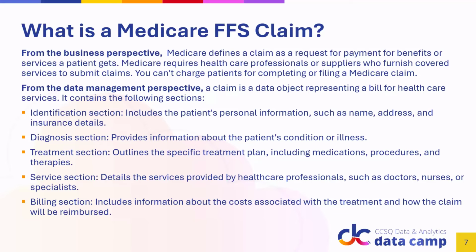Treatment section, which outlines the specific treatment plan, including medications, procedures, and therapies. Service section details the services provided by healthcare professionals, such as doctors, nurses, or other healthcare specialists. And billing section, which includes information about the cost associated with the treatment and how the claim will be reimbursed.